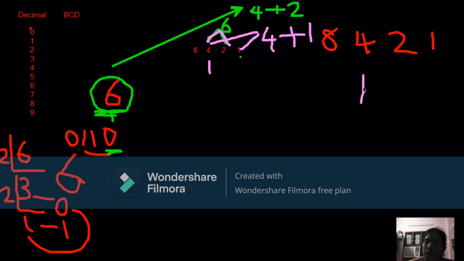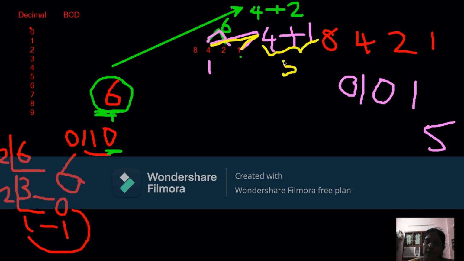Before calculating, I know the binary for 5. I know it is 101. When you make it into 4 bits, 0, 1, 0, 1 will be the binary for the decimal 5. Now what did I say? With 4 and this 1, when you add, you will get 5. So how will you make the binary pattern?